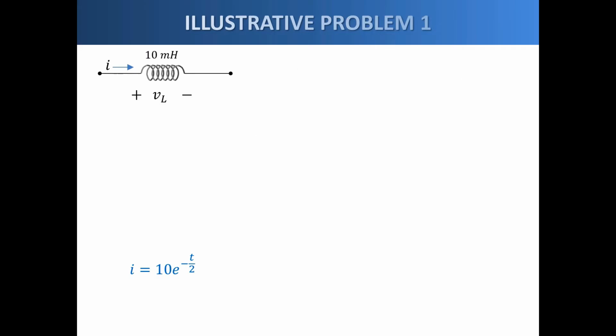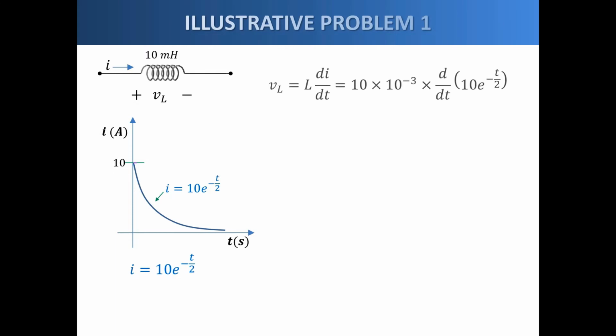So this is the plot of the current. As you can see, the current starts high at 10 amperes and then it decays as time progresses. So we use the relationship between the voltage and the current, V_L equals L di/dt.